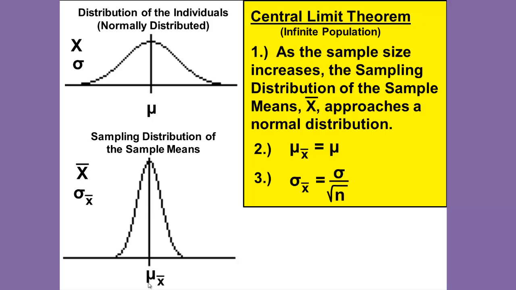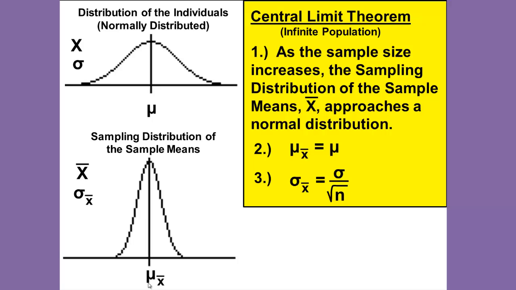And thirdly and lastly, the standard deviation of our sampling distribution of the sample means can be found by taking the standard deviation, or sigma, of our population and dividing by the square root of n.